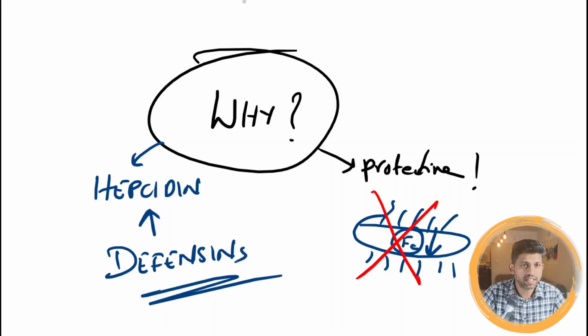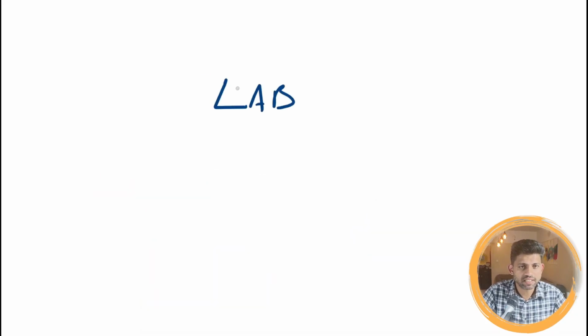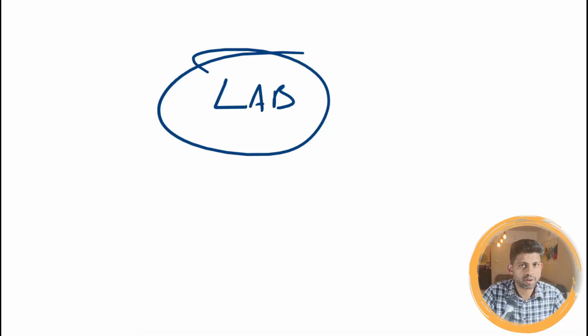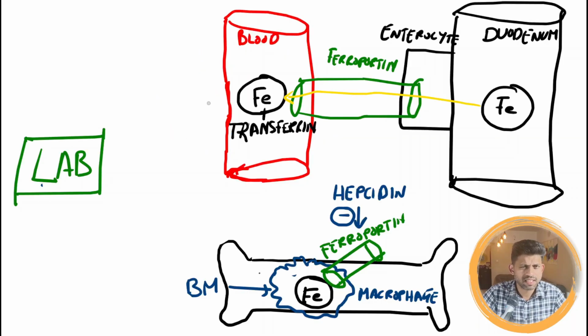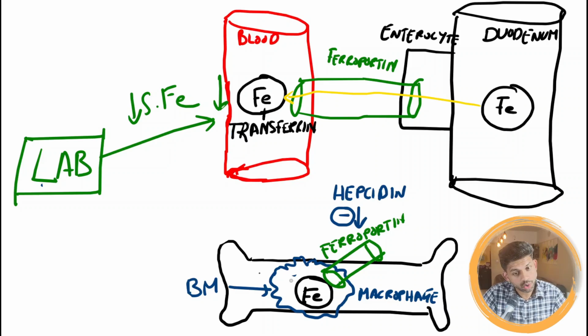Now let's look at the lab findings in anemia of chronic inflammation. Since iron is not released, serum iron reduces. But since the storage of iron is increased, serum ferritin increases.